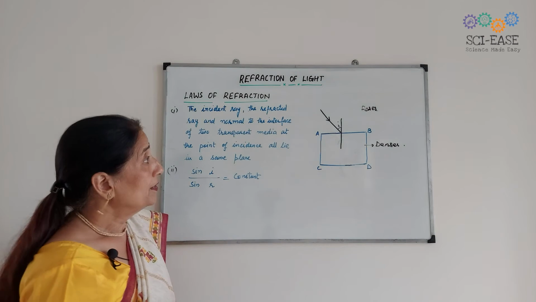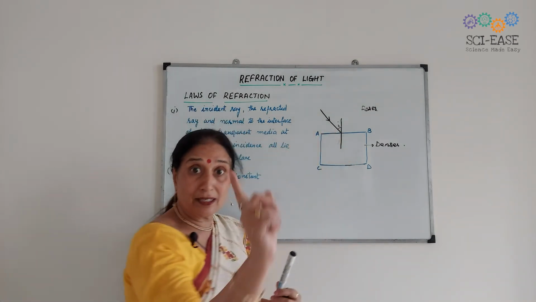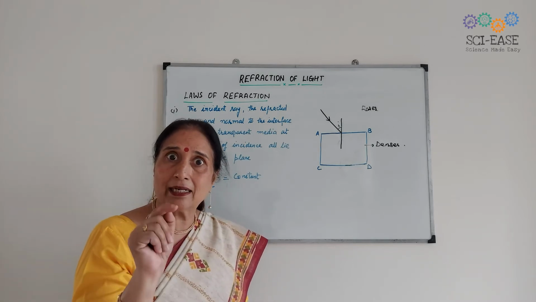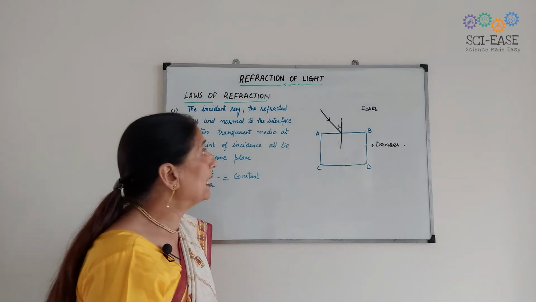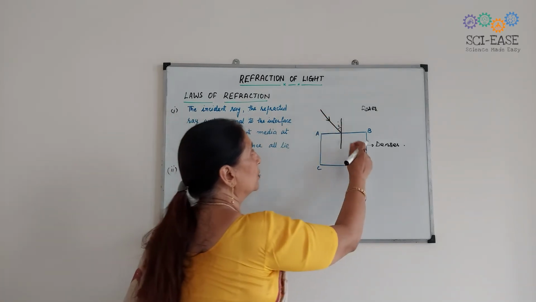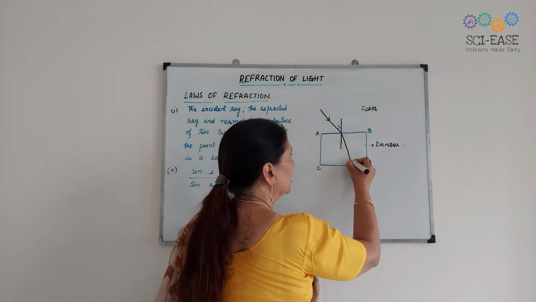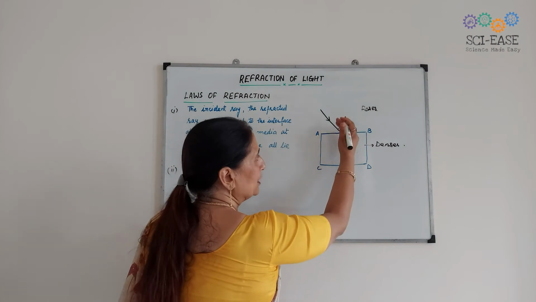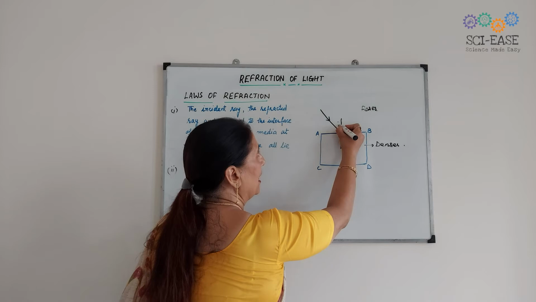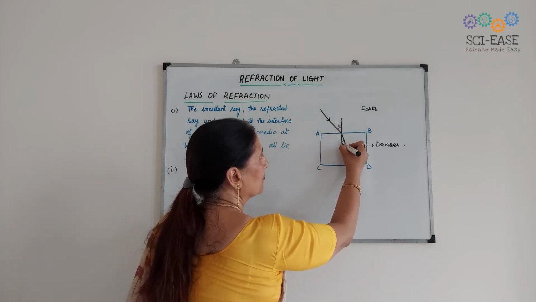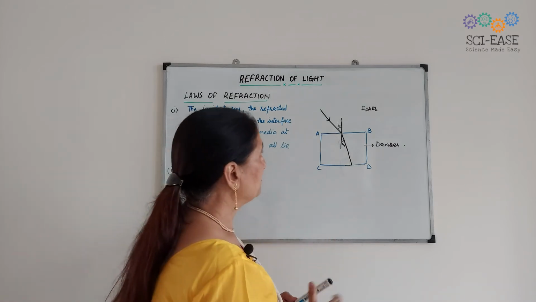When light travels from rarer to denser medium, listen to this and remember these two lines: it will bend towards the normal. This is angle I1 and this is angle R1, the angle of refraction.